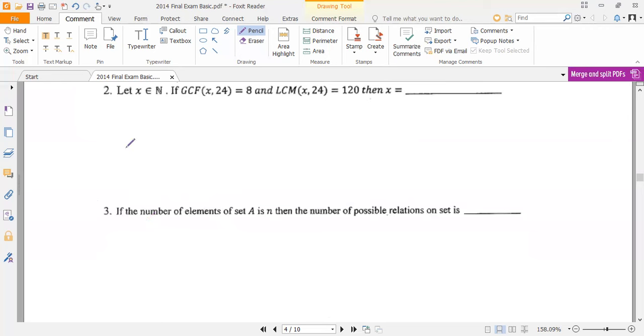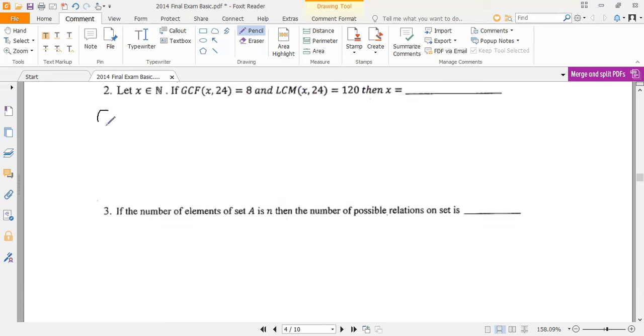The next one is: let X be an element of the natural numbers, and if the GCF of X and 24 is 8, and the LCM of X and 24 is 120, then what is X?